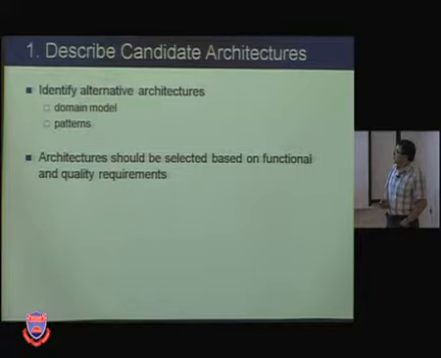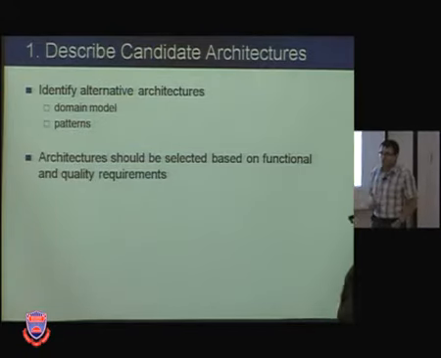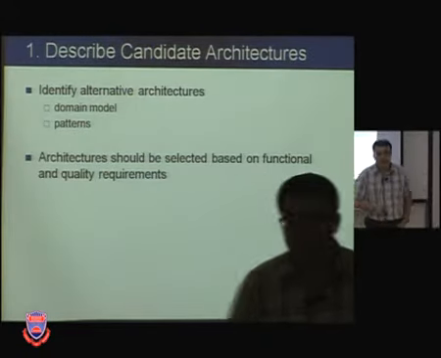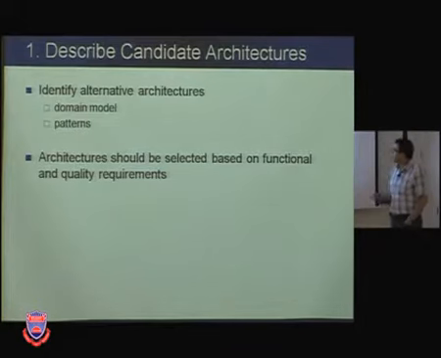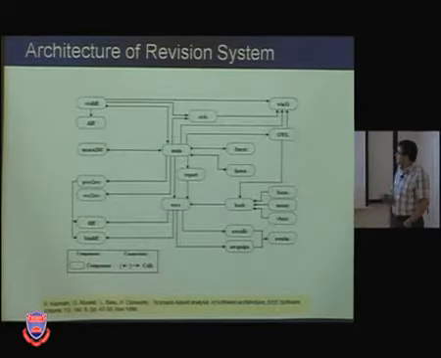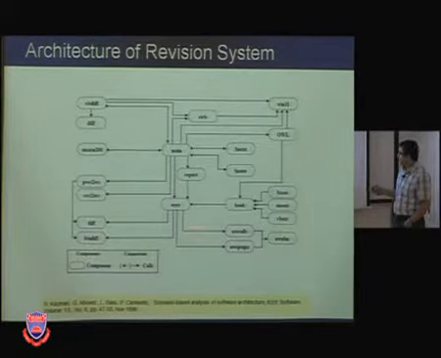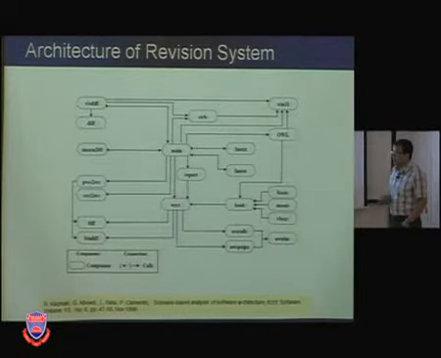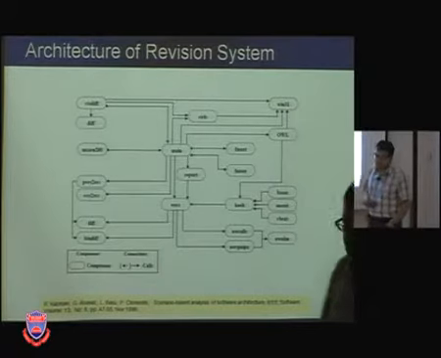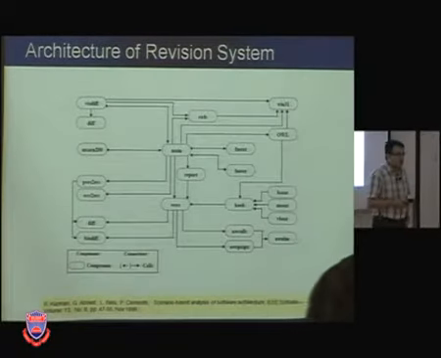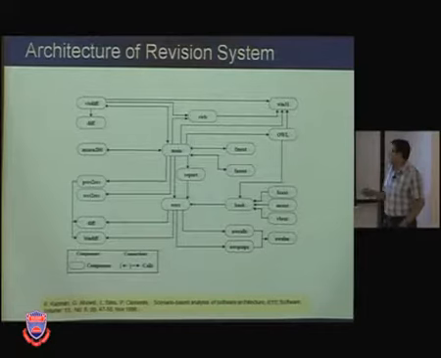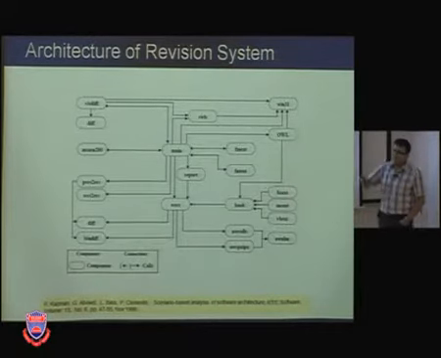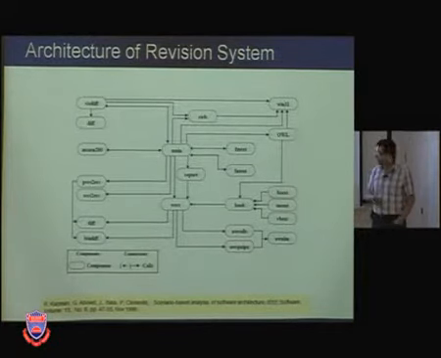Identify the alternative architectures. In this case, there was no architecture, as we said, so they had to reverse engineer the architecture or define the architecture. This is the architecture as is given in the paper. The details are not that important, but as we said, an architecture consists of a set of modules and relations among these modules representing the gross level structure of the system.